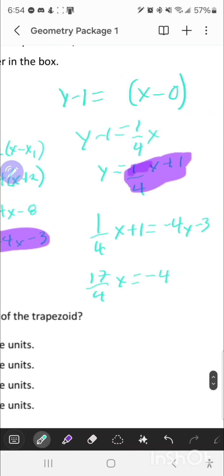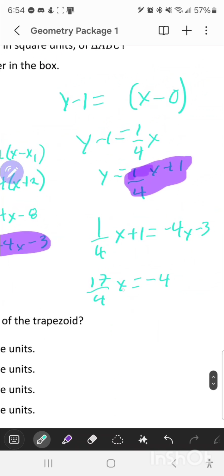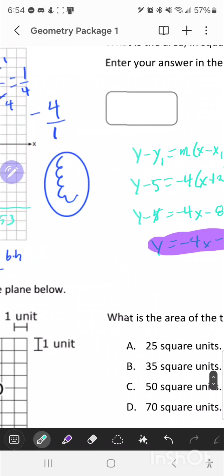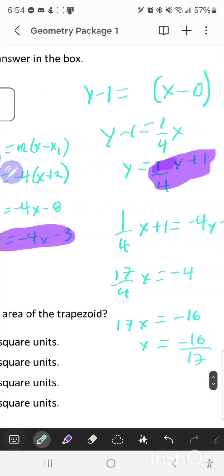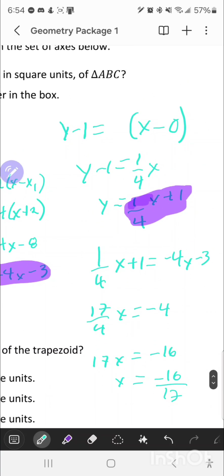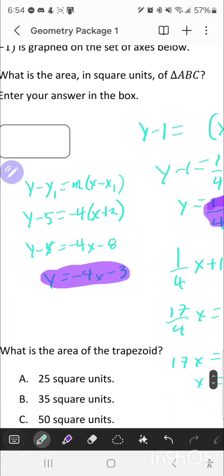Okay, keep going. Then we multiply both sides by 4. I got 17x equals negative 16, and then x is going to be negative 16 over 17. That's our value for x, the x coordinate. And if we want to know y, we take any equation.